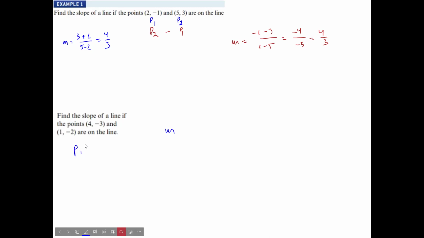So let's take this P1, P2. So what I have, minus 2 plus 3 over 1 minus 4. What is it?